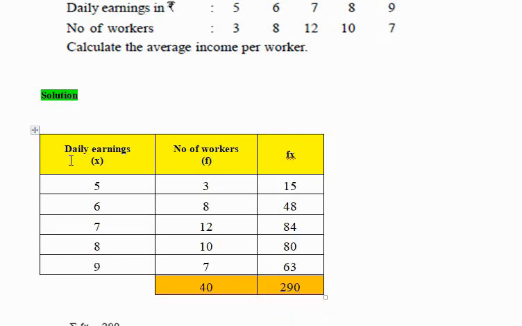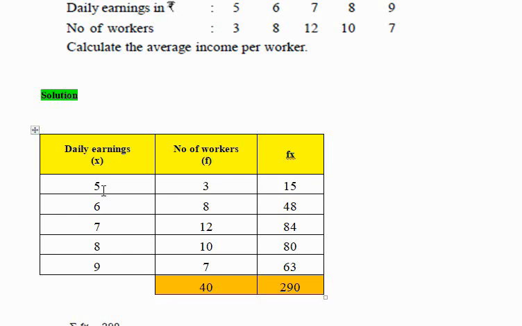We have to calculate the average income per worker. The daily earnings are represented as x and the number of workers as f, that means the frequency.